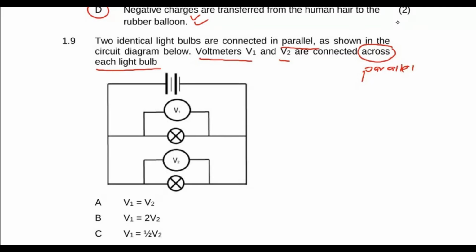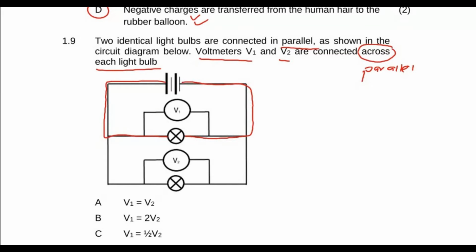What does that mean? I want to just demonstrate. Let me use different colors. We can start from the battery. Let's say this is a branch that connects the battery and then light bulb 1, right?